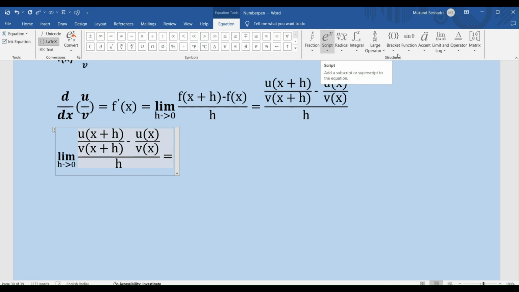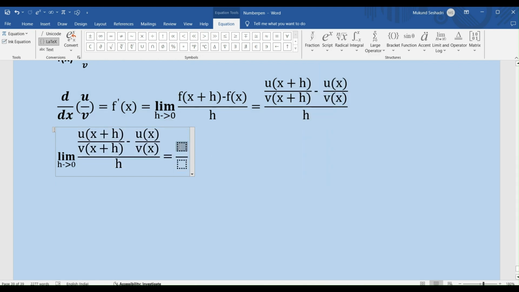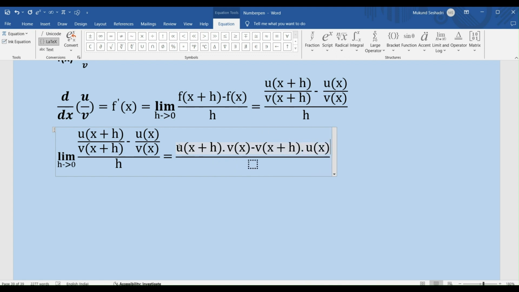And when I cross multiply and rewrite this expression, I'm going to be left with u of x plus h into v of x minus v of x plus h dot u of x divided by h. And I have my v of x into v of x plus h, right?